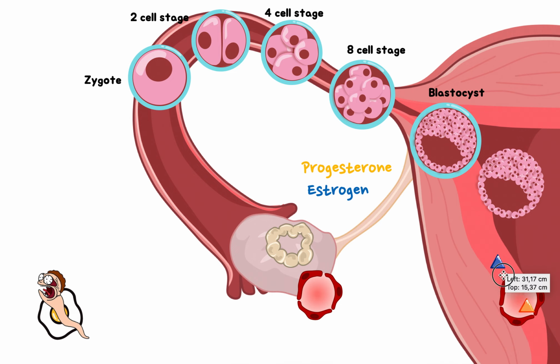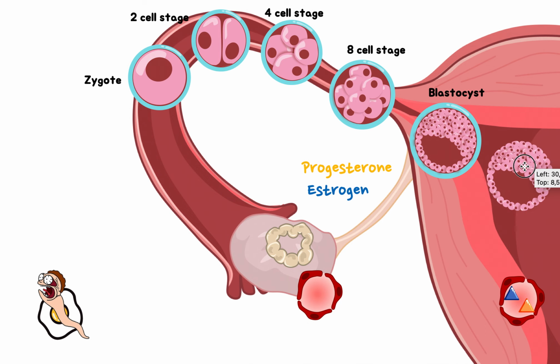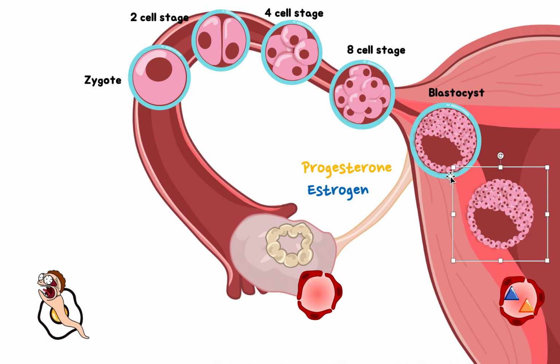Now it wants to implant into this endometrium, right? But luckily, because of these hormones, progesterone and estrogen, and this corpus luteum that made them, this endometrium is ready to receive this blastocyst. So the blastocyst can implant. There's a lot of capillaries, a lot of stuff to maintain all these cells that need to survive. So it's great. Everything is ready.